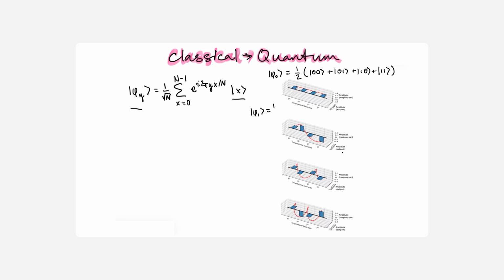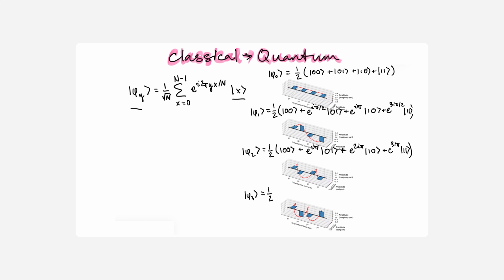The next Fourier basis state is the one whose components' phases wind from 0 to 2 pi just once as you step through the computational basis states. The next basis state winds from 0 to 2 pi twice. Finally, the highest Fourier basis state is the one with the fastest varying phase, winding from 0 to 2 pi 3 times.